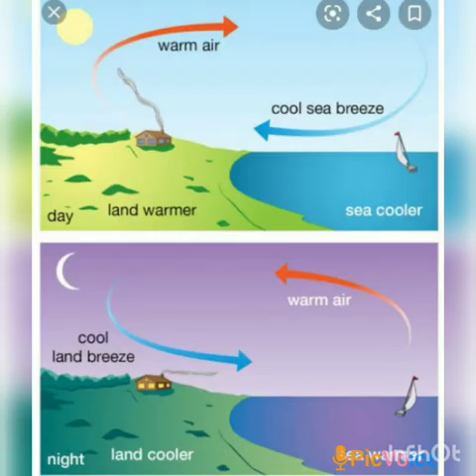Now the next thing that we have to discuss is land and sea breezes. Water gets heated up more slowly than land during daytime. Hence, the air above the land gets heated up more quickly and rises up.